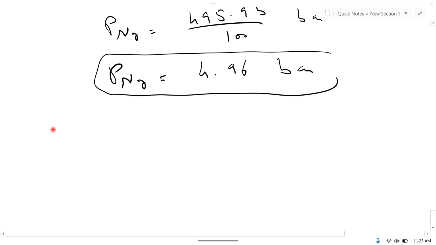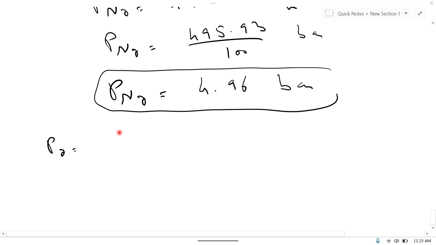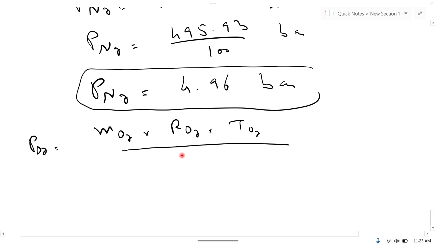Now the pressure of oxygen is equal to, using the above formula, mRT divided by V. So mass of oxygen multiplied by R of oxygen multiplied by temperature, divided by total volume.